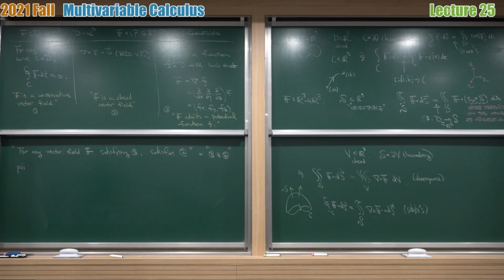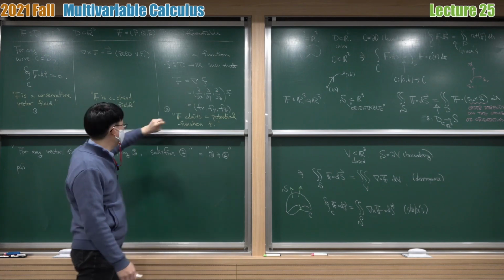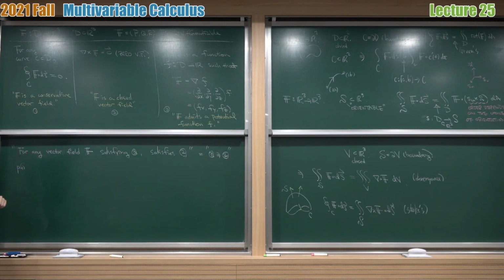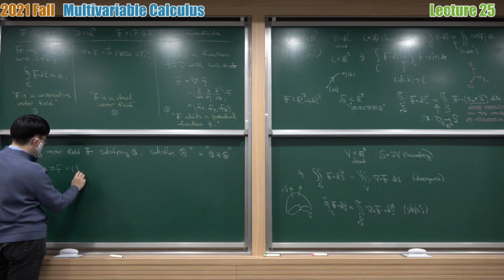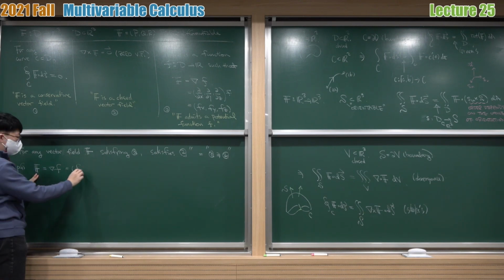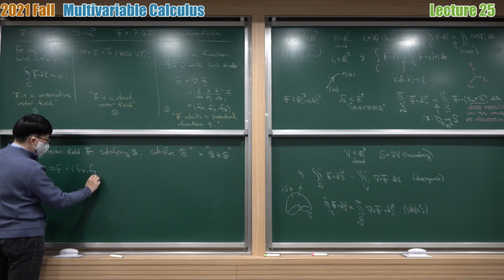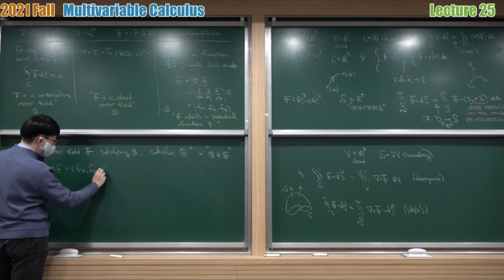Okay. So I want to assume that it admits a potential function and try to prove that it's a closed vector field. So we start from the fact that there is a function f that satisfies this equality. That means our vector field is given by coordinate functions fx, fy, fz.